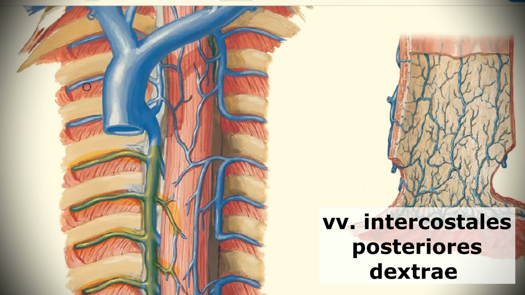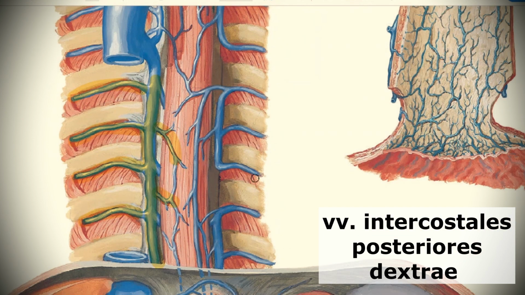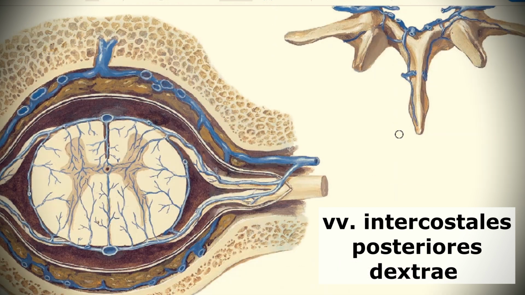It's from the 3rd till the 11th intercostal veins, the right ones, because we will also have left ones. They drain into another vessel. So the right inferior nine intercostal posterior veins fall into the vena azygos. They drain blood, as you may know, from intercostal muscles, membrane, but not only.